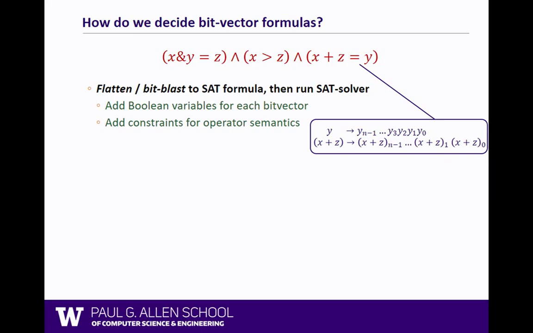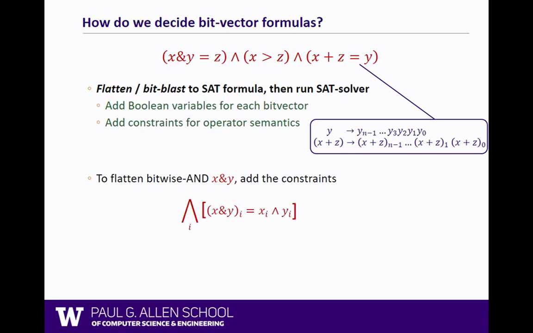So for example, if we wanted to flatten the bitwise AND between x and y, all we need to do is add some constraints that say that the ith bit of this bitwise AND is equal to the AND of the ith bit of x and the ith bit of y. So bitwise operations are pretty simple.